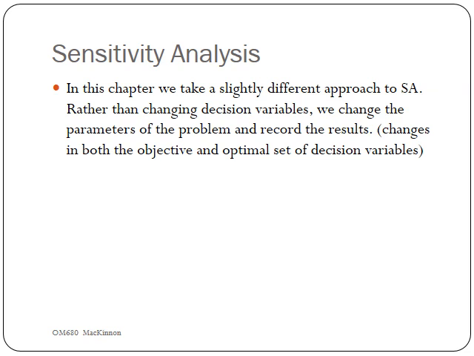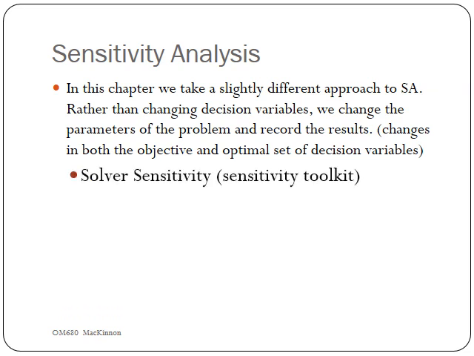So we're going to look at changes both in the objective and in the optimal set of decision variables. As I've already said, sometimes you're going to run Solver and get a result and say that's not acceptable. Sensitivity analysis allows us to play around with some parameters to see if we can change the rules, if you will.